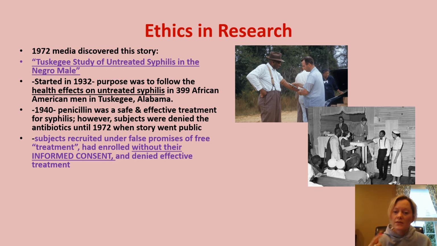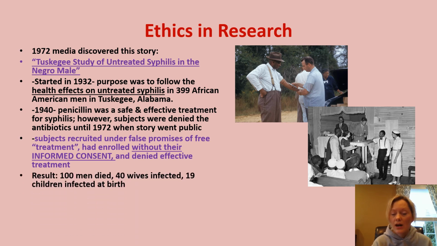And so, even though they volunteered and they knew what was going on, you can see the men getting their injections there. They were denied effective treatment, so they really did not give their formal consent because they were lied to about what that medication actually was. As a result, 100 of the men died, and women and children were also infected.